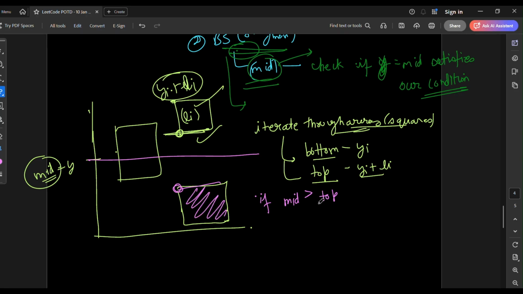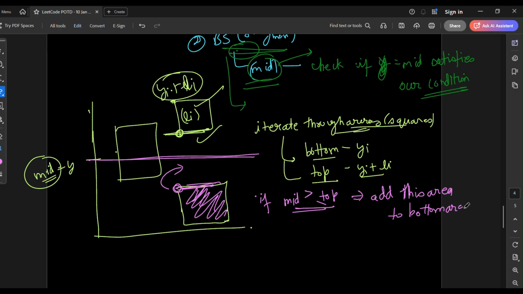Because if mid is greater than top, it means that the mid line that we have found is above the top of this square. So we will add this area to the bottom area.